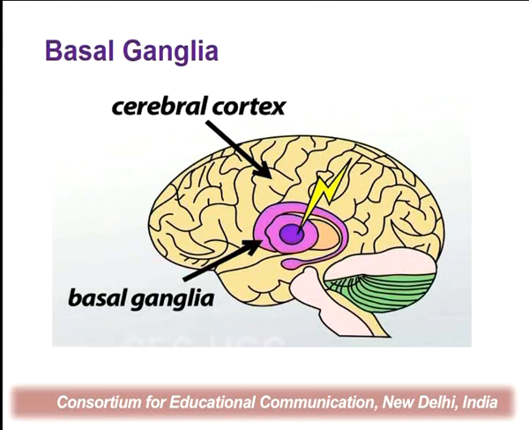So the basal nuclei, also known as basal ganglia, are located deep within the cerebral white matter and are composed of the caudate nucleus, putamen and globus pallidus. These structures form the pallidum and striatum. The basal ganglia are responsible for muscle movement and coordination.